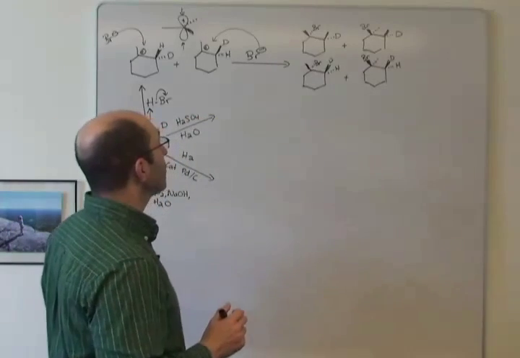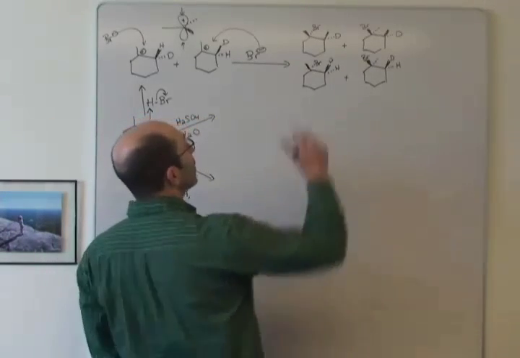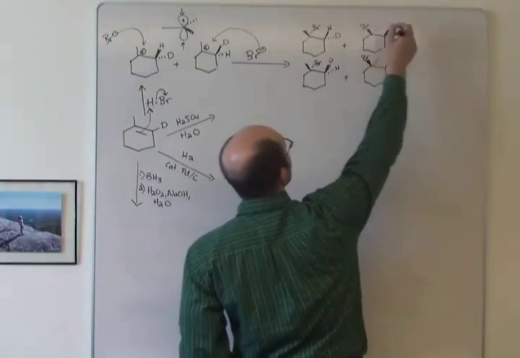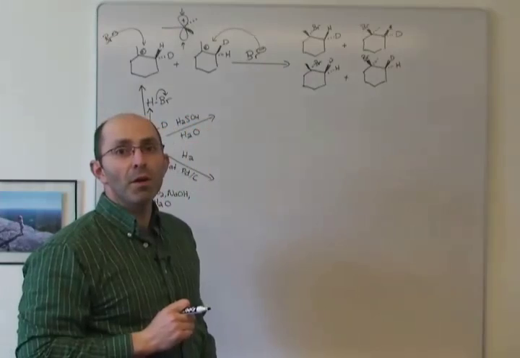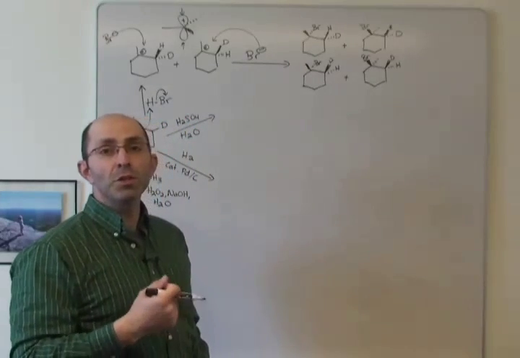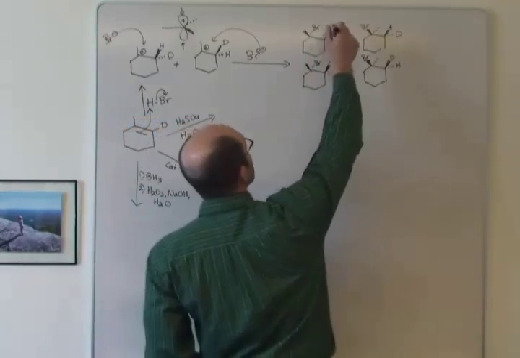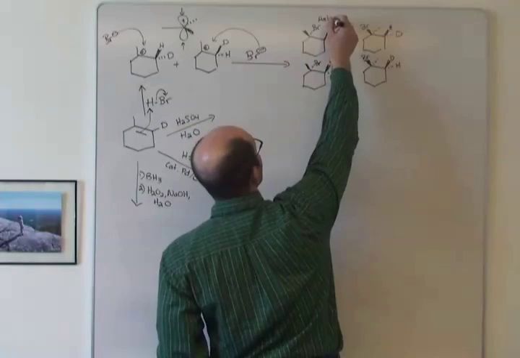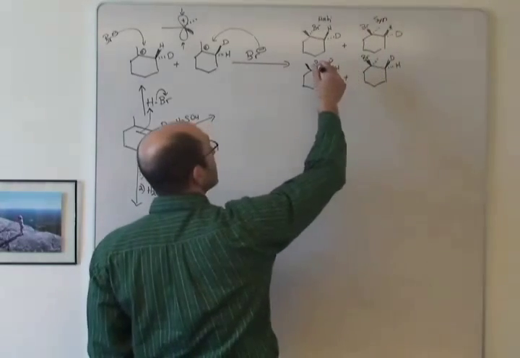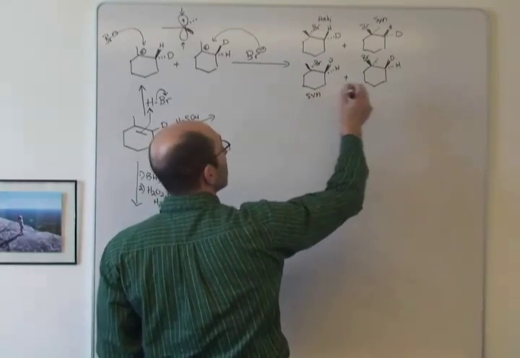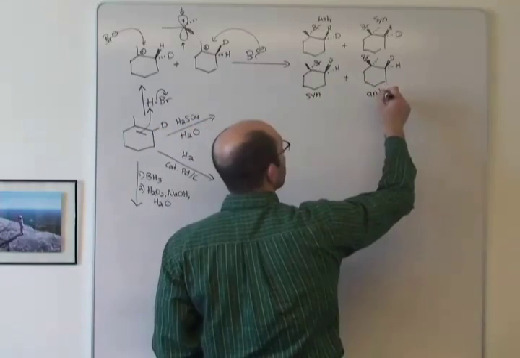And you should be able to look pretty quickly and figure out, if I actually put the H's in there, we go, that when we're adding HBr, 2 of these are the result of anti-addition, 2 are the result of syn addition. Right, so here the H and Br have added anti, H and Br have added syn, H and Br have added syn, and H and Br have added anti.